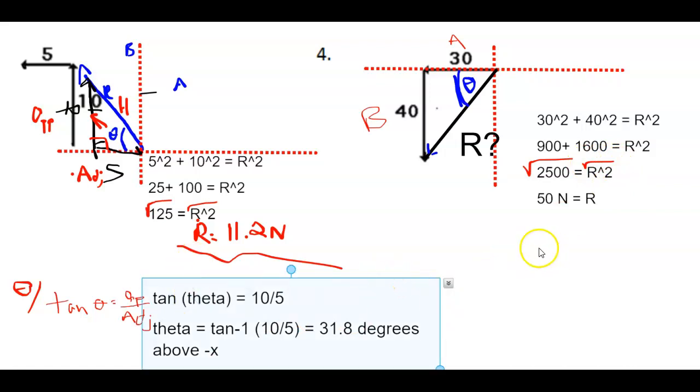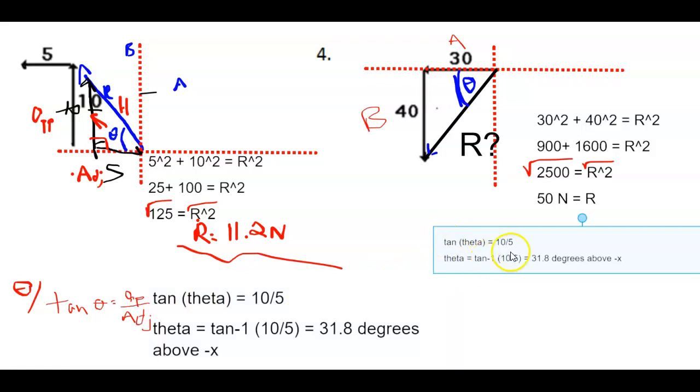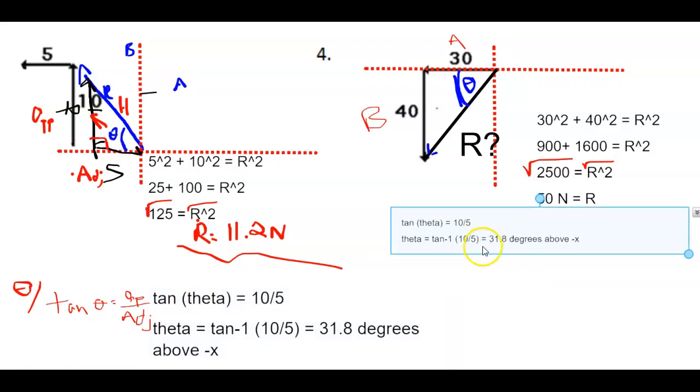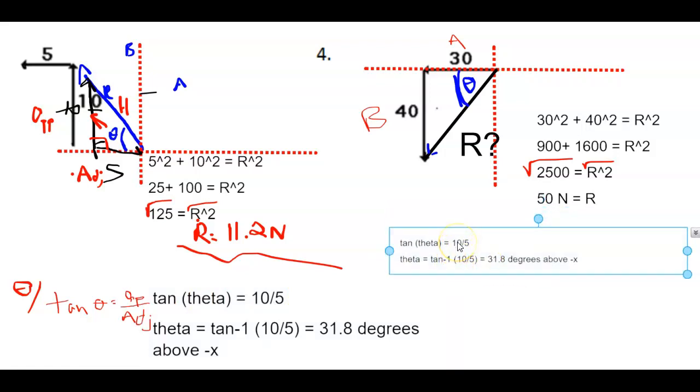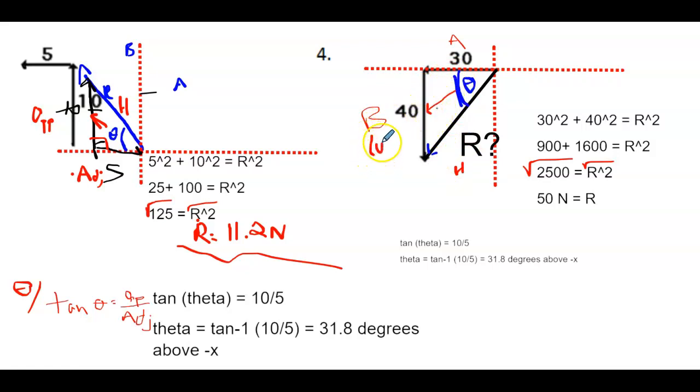So again, I'm going to copy and paste because it's, again, very similar. That's good. It's a good size. So we're just going to change up the numbers. So tan theta. We didn't do the other part. I just assumed. So r is my hypotenuse. Theta is across from the opposite side, so b is the opposite.